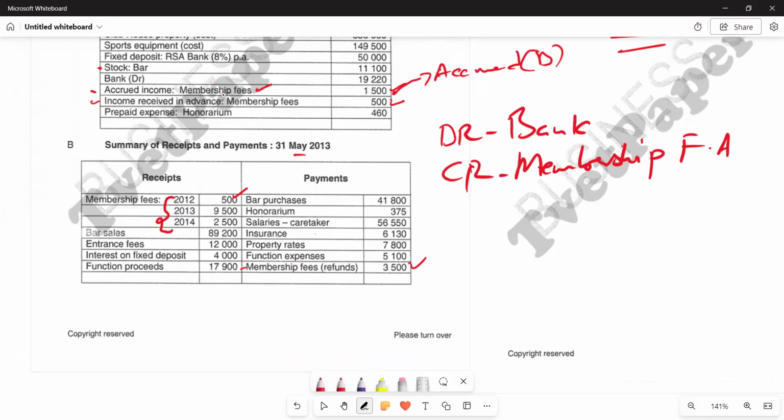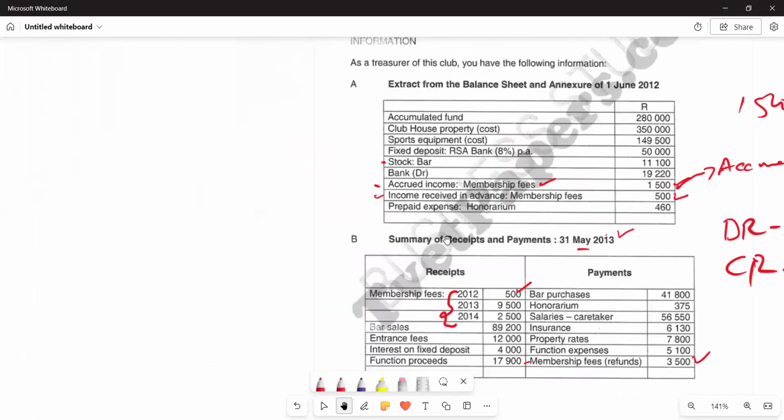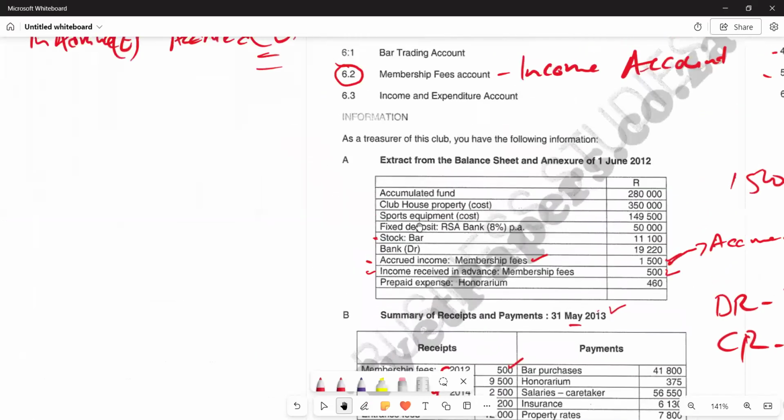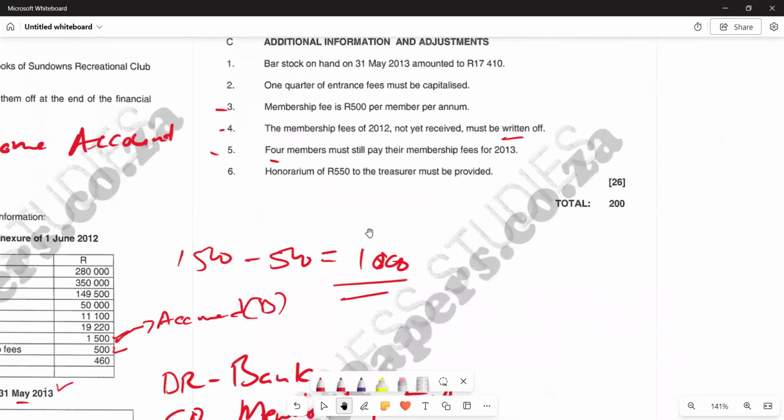It doesn't belong to this period. Our period is ending on 31 May 2013. And this one is for 2014, which means it's outside our period. So it becomes in advance. So our 2,500 becomes our in advance at the end. And remember, in advance at the end, as we said, should be on the debit side. So we're going to the debit side of the membership fees account.